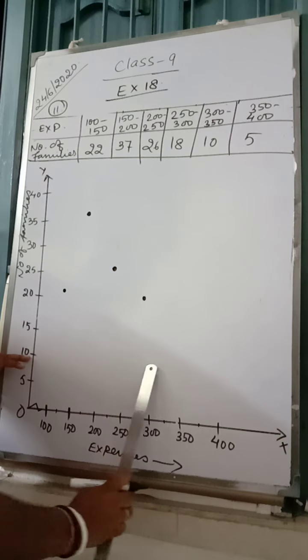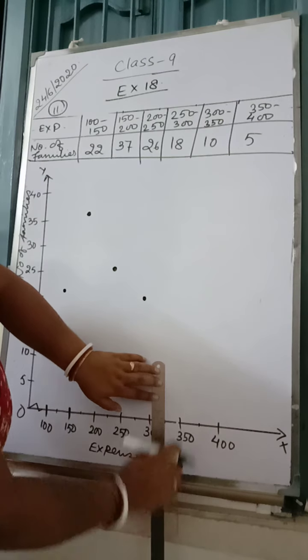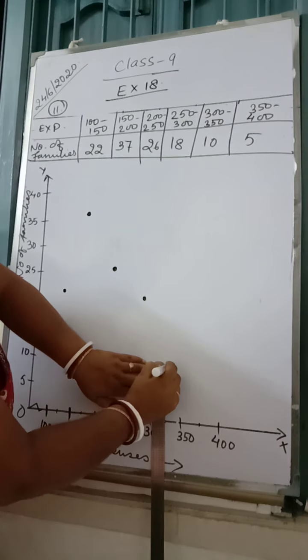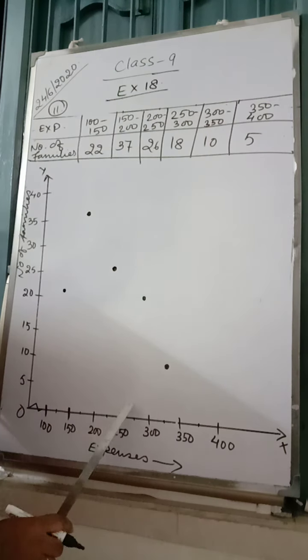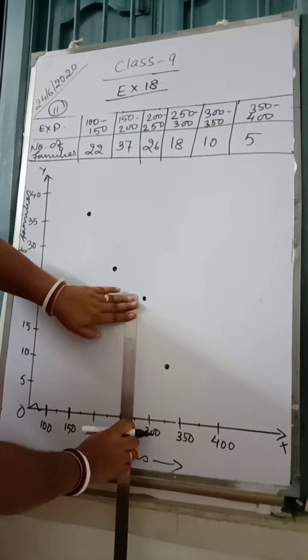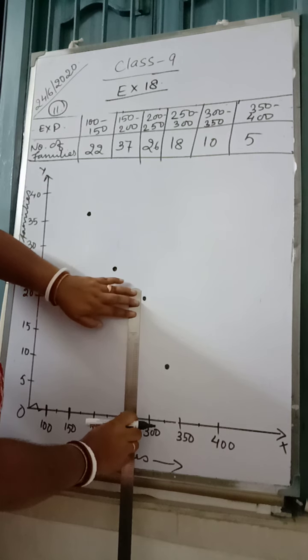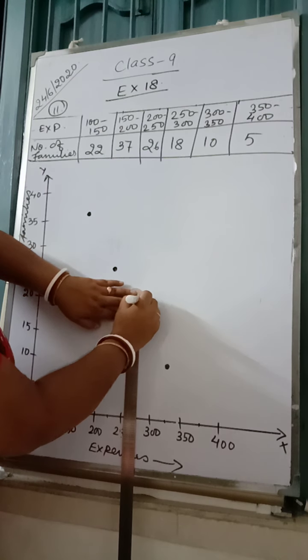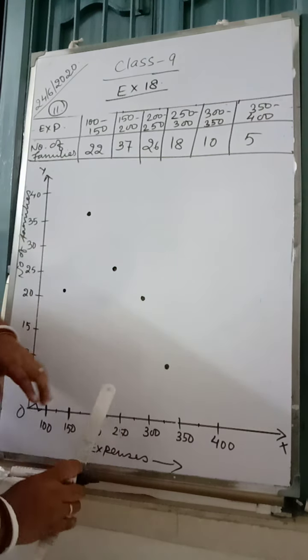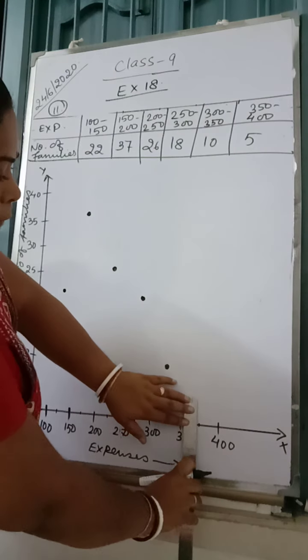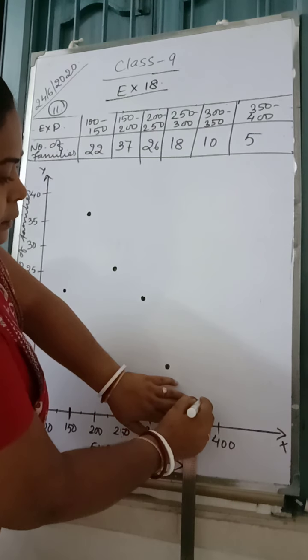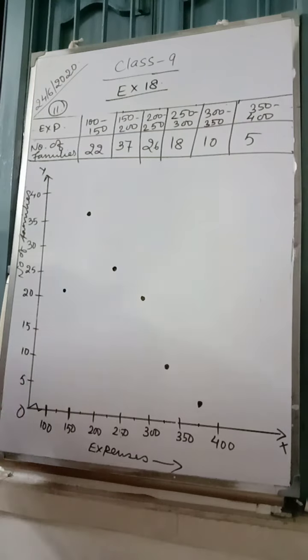This is 10. So here you see where I have placed my scale. Now this is a little far here. And then we have 5. So this here is 5.